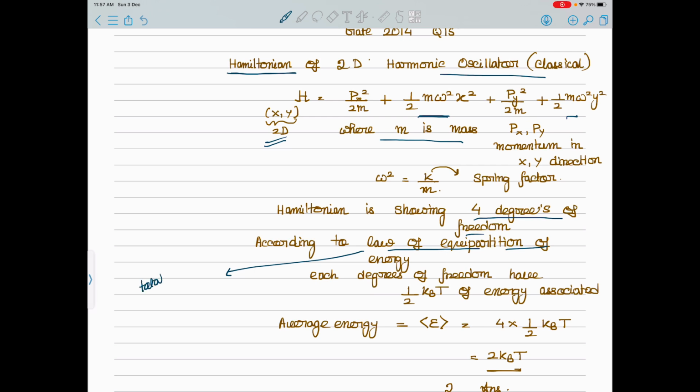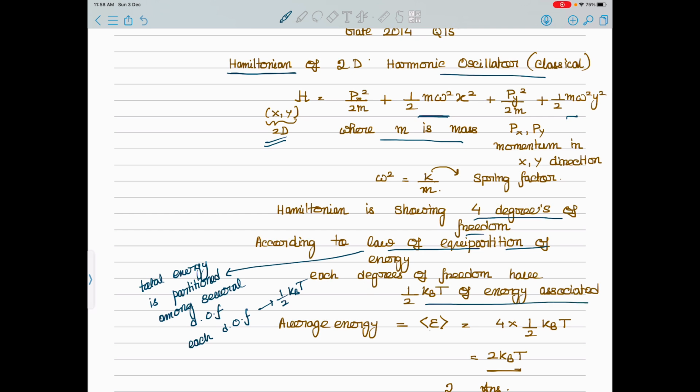The total energy is partitioned among several degrees of freedom, DOF being the degrees of freedom, and each degree of freedom will have half kBT amount of energy associated with it.